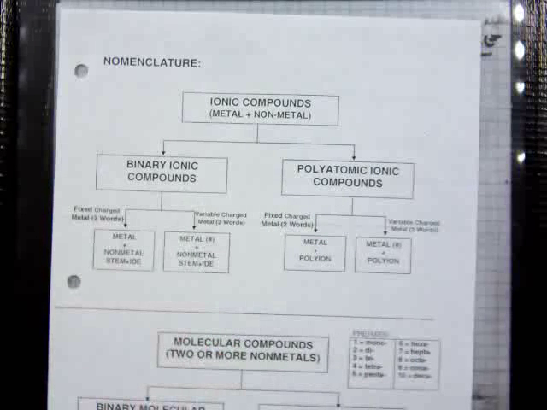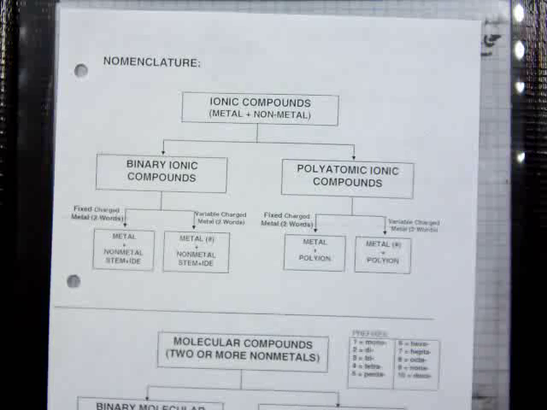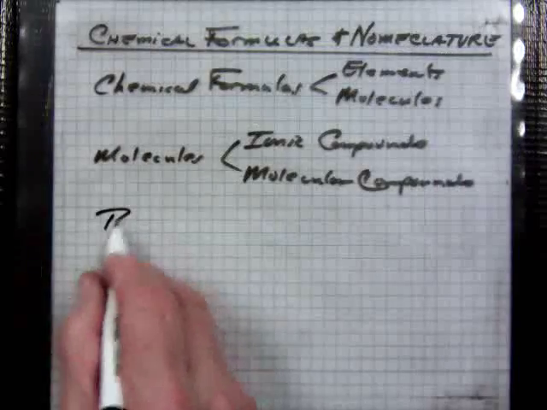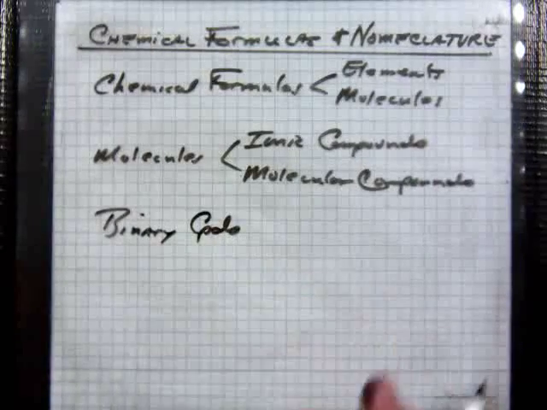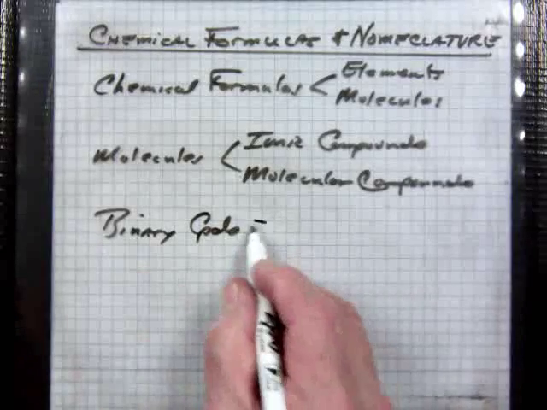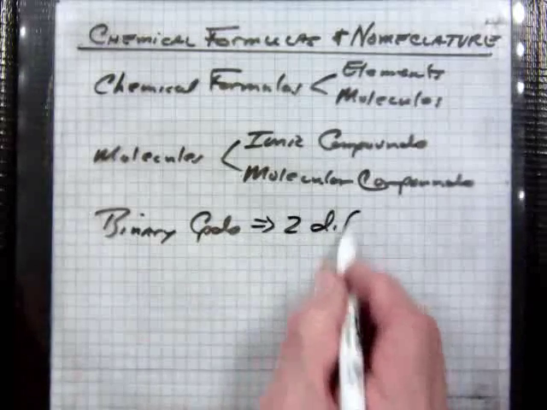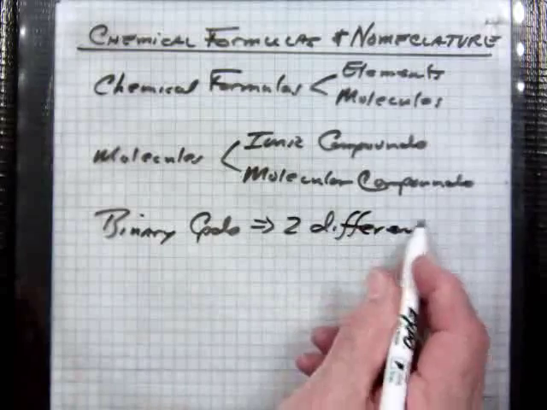Now, a binary ionic compound is one that has two different elements in it. Now, it may have more than 2 atoms. I want to note this. Binary compounds have 2 different elements.